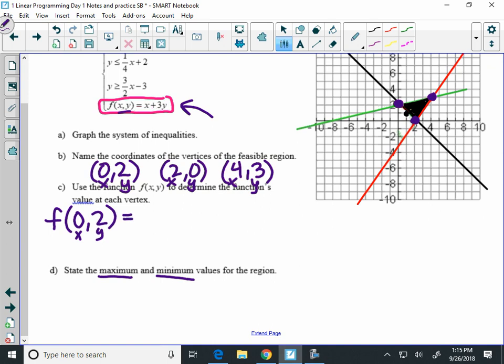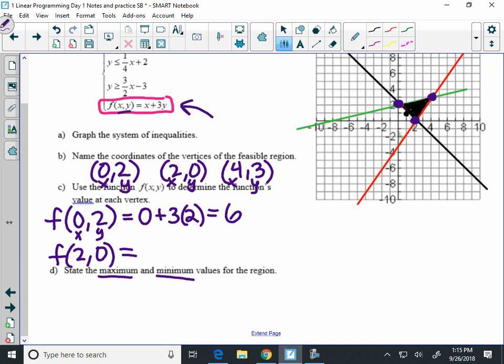Write down that notation though, because that'll help you later. We need to know where the max and min happened. So we'll have 0 plus 3 times 2. What output does that give you? 6. Okay. Then we evaluate the next ordered pair. F of 2, 0.